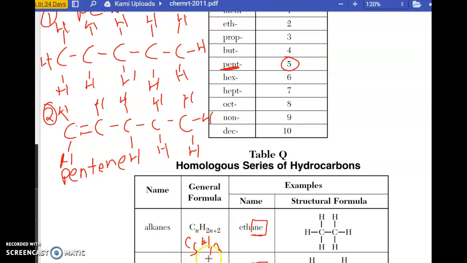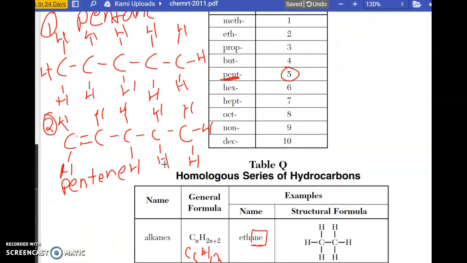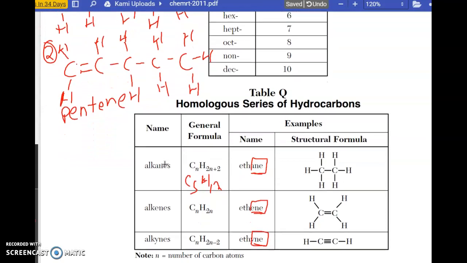So look at that, we have C5H12, which is the same formula as up here. So we know we did it correctly, and we didn't actually have to go in and write all the hydrogens and count all the hydrogens, because chemists are lazy, if we're being honest.